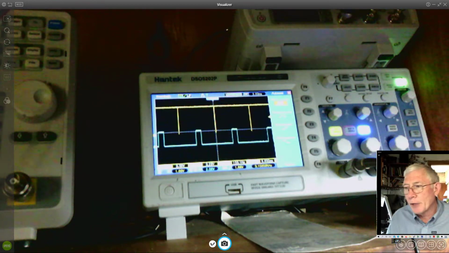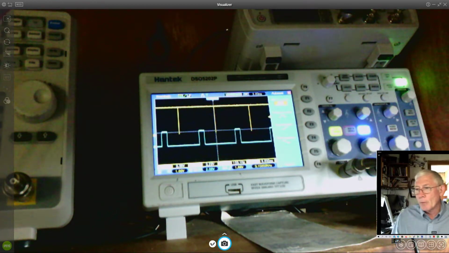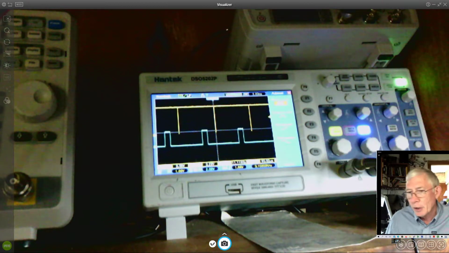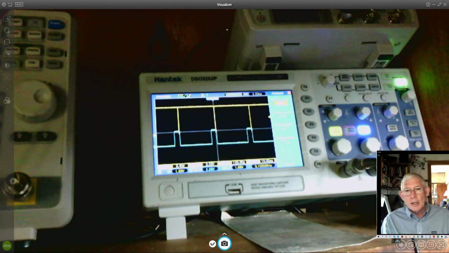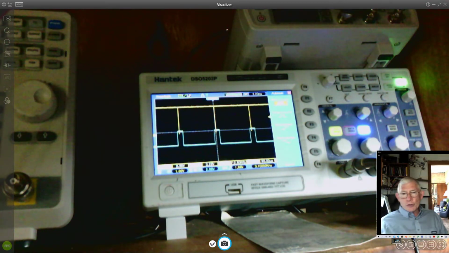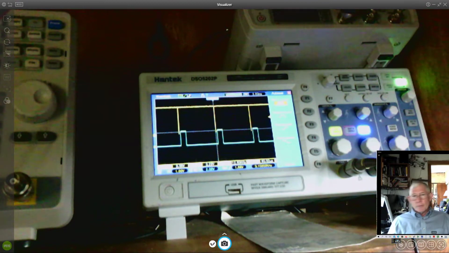Well, this is my attempt to try and synchronize the PID controllers with the PWM. The blue tracing you see is the PWM signal going to the servo, and it's staying on a fixed setting, so that's not changing.